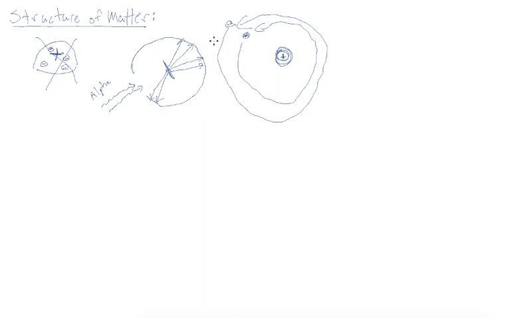It basically led to our main idea of an atom, which says that it is mostly empty space. Most of the mass is right in the center, and I mean most of the mass is in the center.